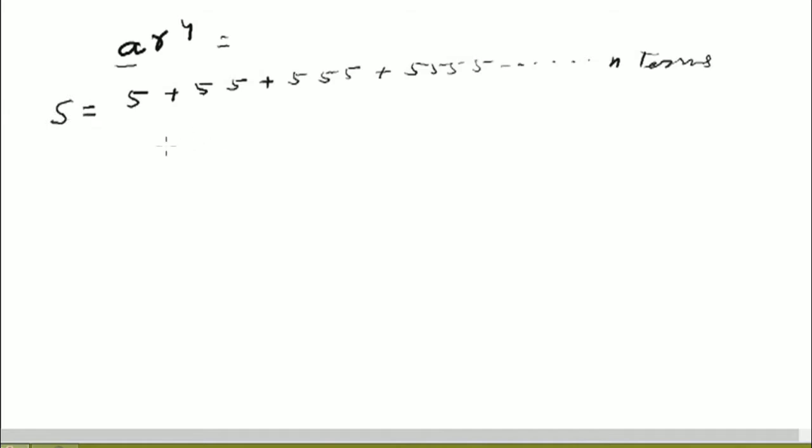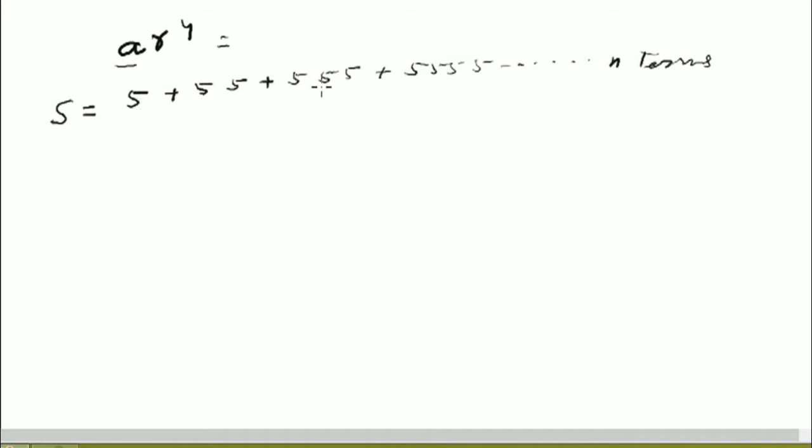Firstly, what can you do? You can take 5 common, so we can divide everything by 5. If it is 6, 66, like this, we take 6 common. If it is 7, 77, 777, we take 7.